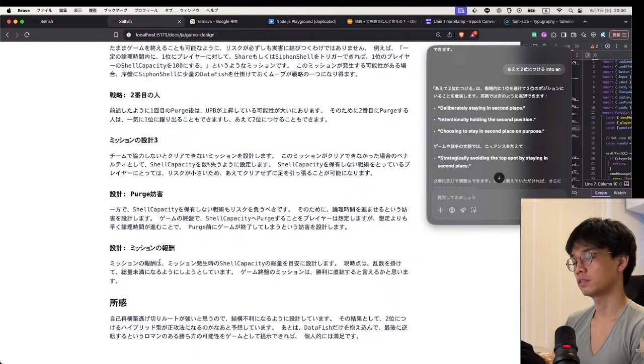In my current opinion, the amount of mission rewards is the total amount of shell capacity when the mission is generated.